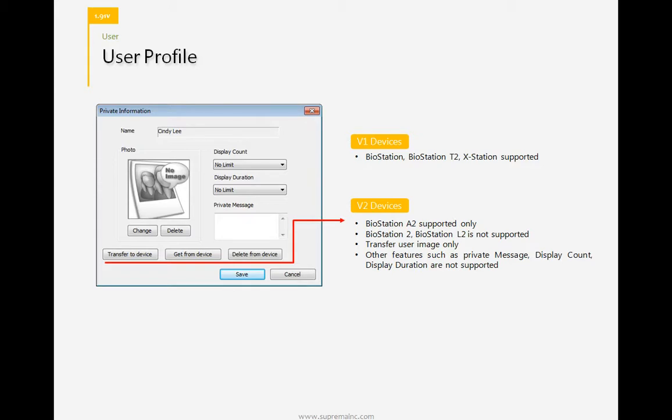From the user profile, yes, we can send an employee's image and send a private message for version 1 devices, BIOS Station, BIOS T2, and X Station, but this feature is only supported in BIOS A2 only, and it is only transferring image log only.